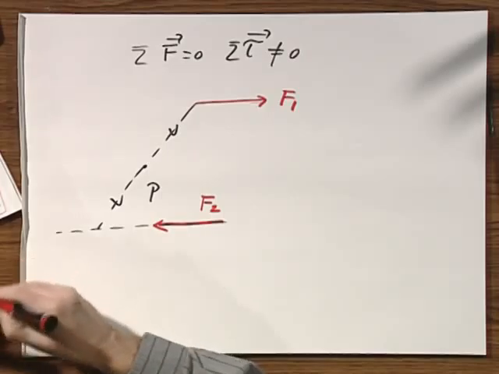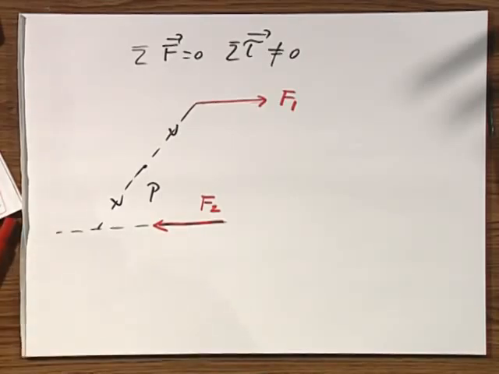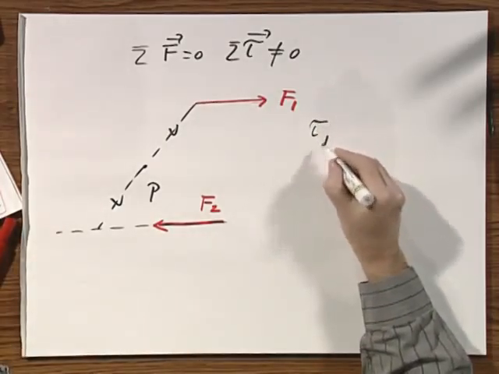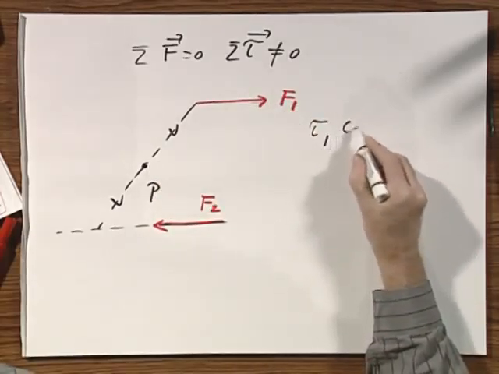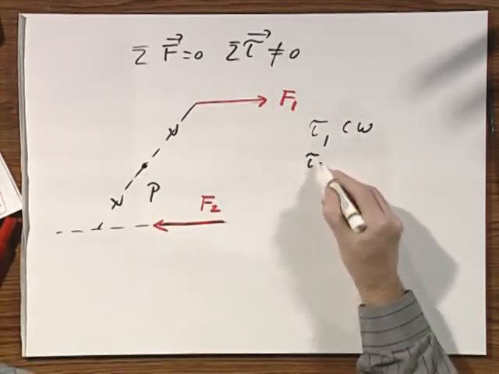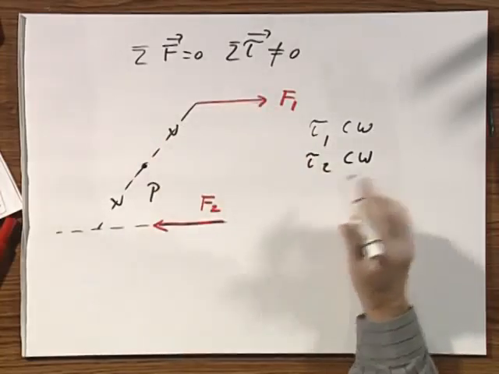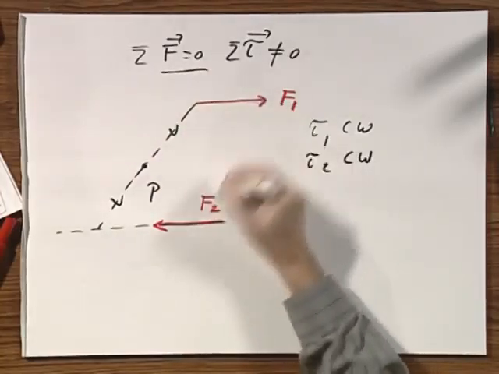Now the torque 1 relative to this point P is positive, it's clockwise. The torque 2 is also clockwise, so there is clearly going to be a rotation, there's no way around it, yet the sum of all forces is 0.